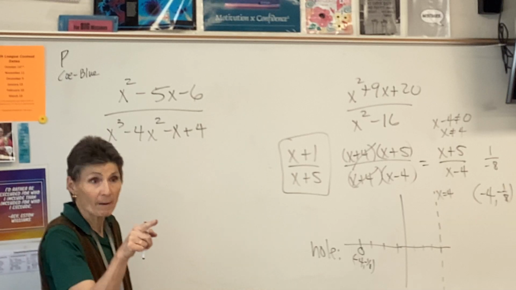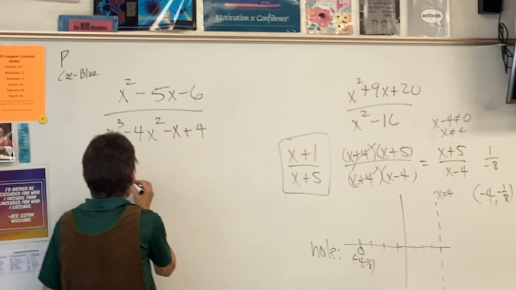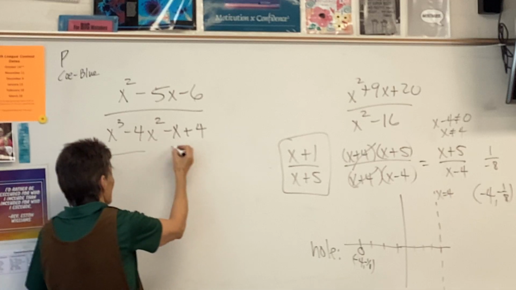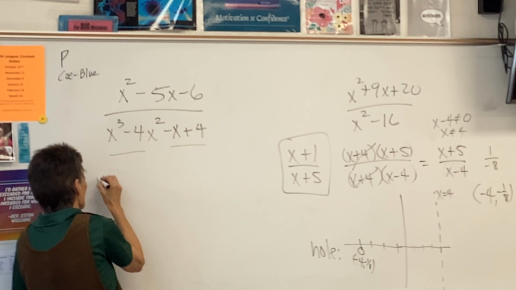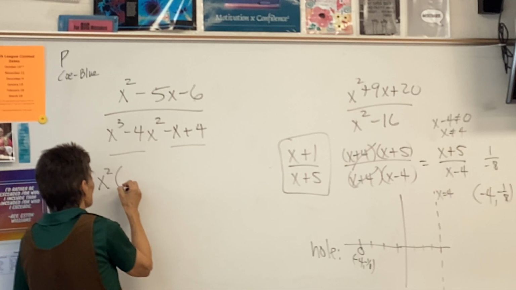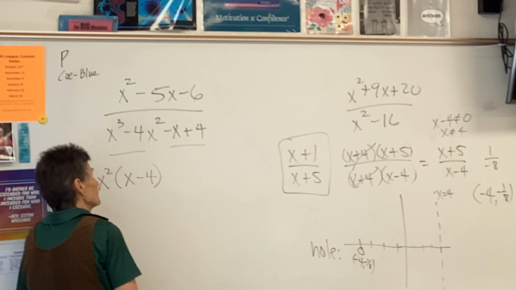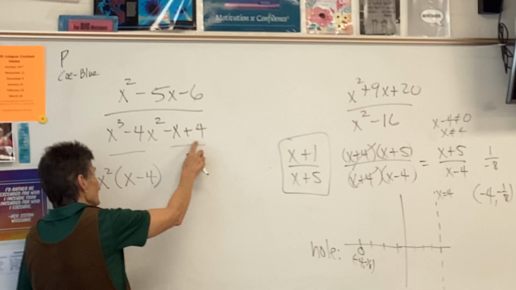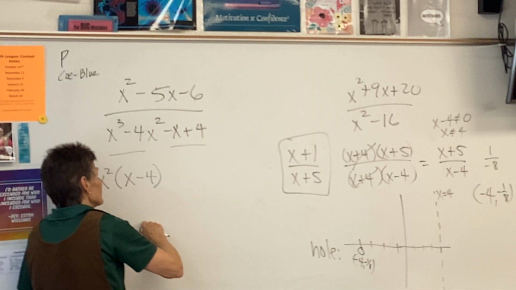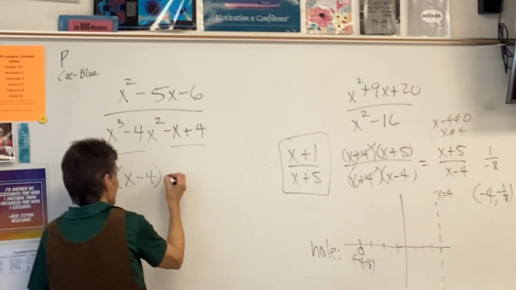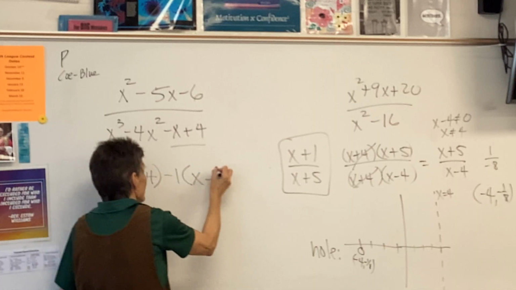Factor by grouping on the bottom. So Brian says down here, we're going to factor by grouping. So x squared, x minus 4. Wait a minute, what can I take out of here? Negative 1, x minus 4.